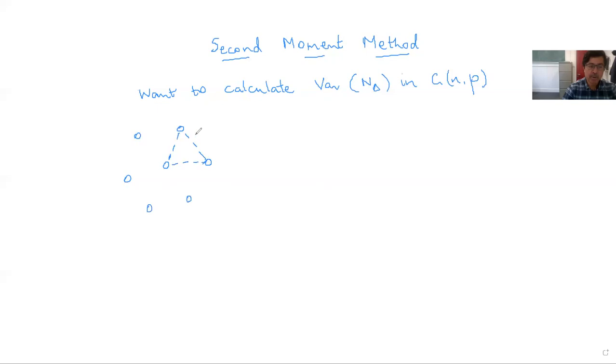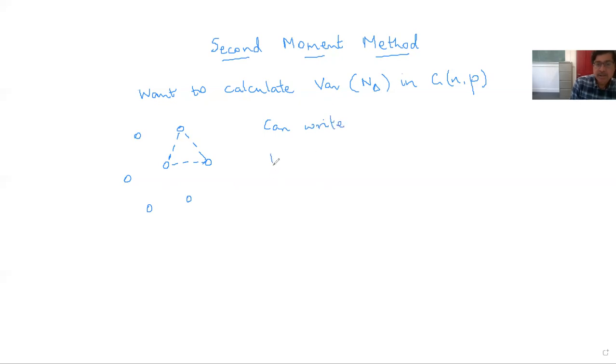So meaning, are all 3 edges present? So we are going to write the number of triangles as a sum over indicator random variables. And we wrote this before as an indicator of triplets, and all I'm doing is changing notation a little bit.